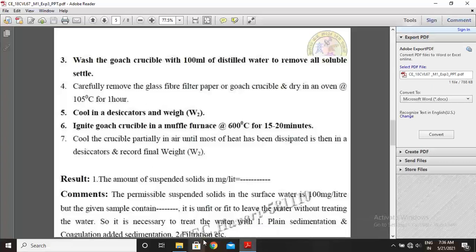So it is necessary to treat the water with plain sedimentation and coagulation aided sedimentation, and second one is filtration, etc. So this comment is based on the results. This comment is written if the result is more than 100 milligram per liter. So you read the comments.